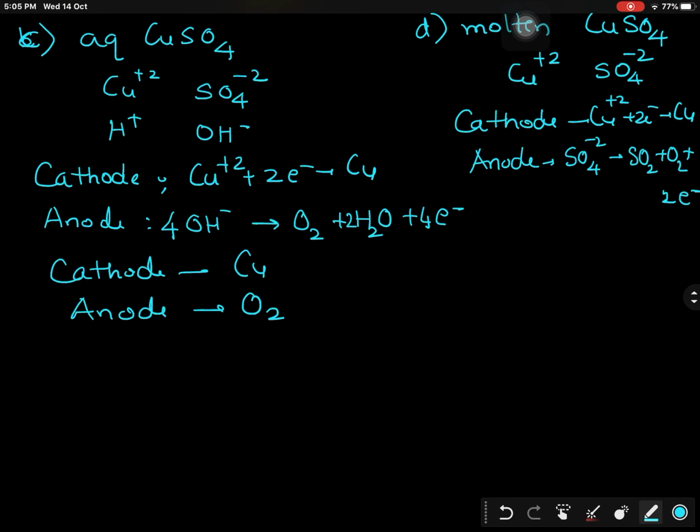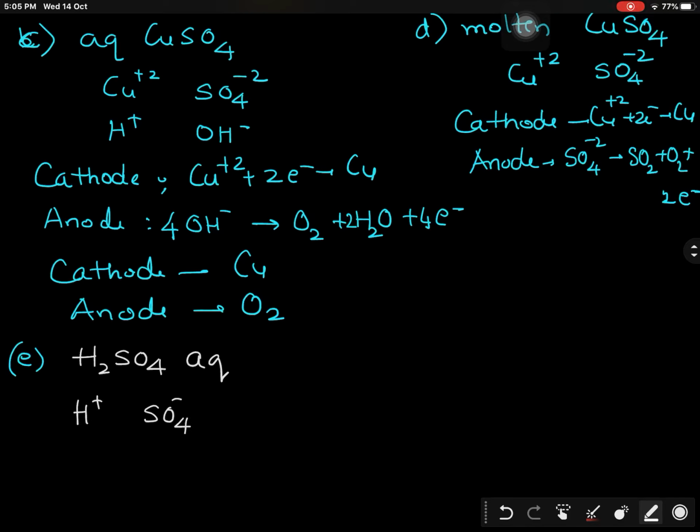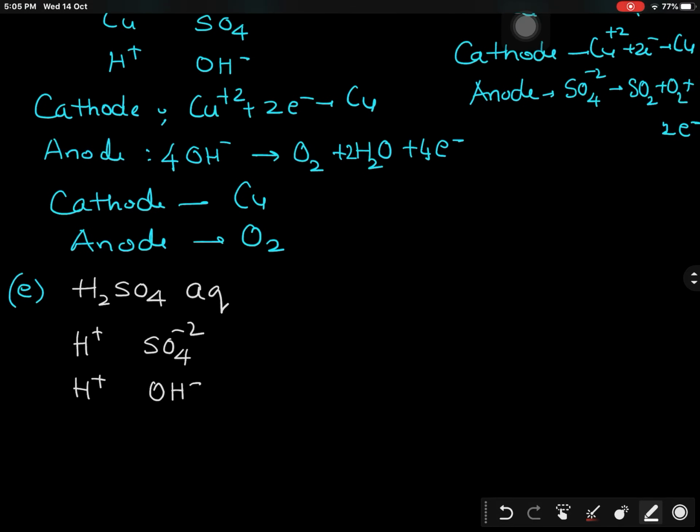Similarly, suppose I take H2SO4 aqueous. So, what do I have? H plus, SO4 minus 2, water, H plus and OH minus. So, at cathode, what product do you expect? Now, there is only one positive ion, that is H plus, which will liberate as hydrogen gas.